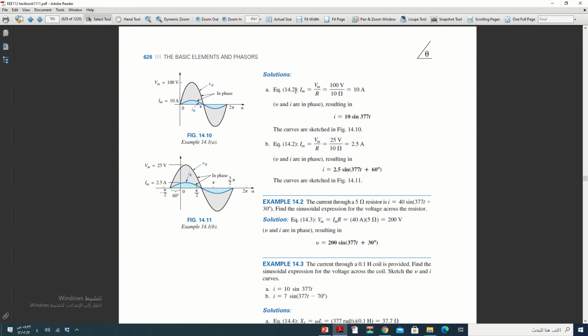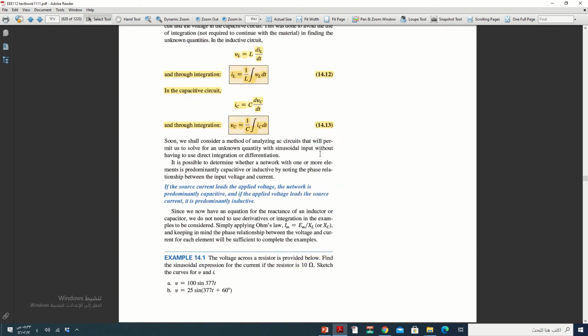This is Im. And we know that the voltage and the current are in phase in the resistor. This means I equals 10 sine 377 t. There is no shift. What about part B? V is 25 sine of 377 t plus 60. Similar.